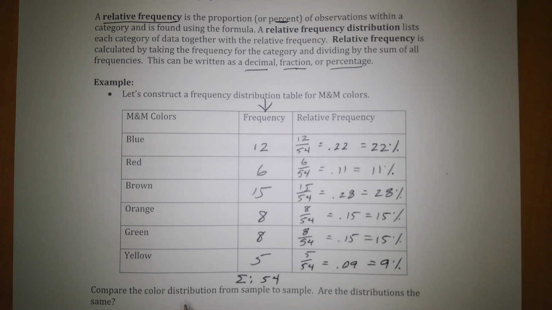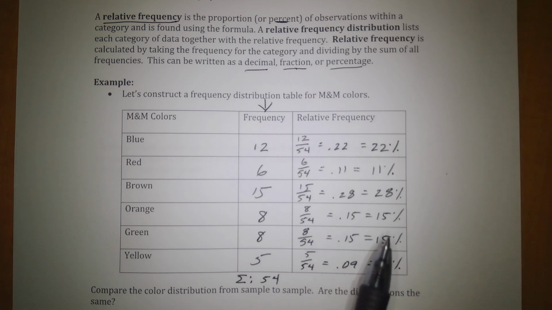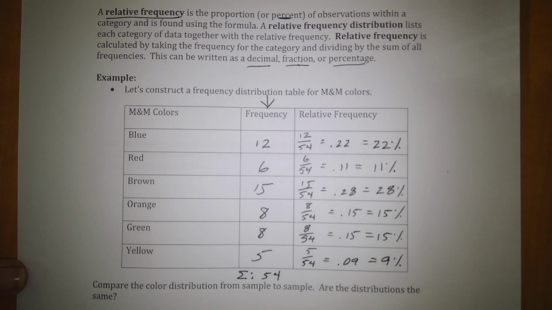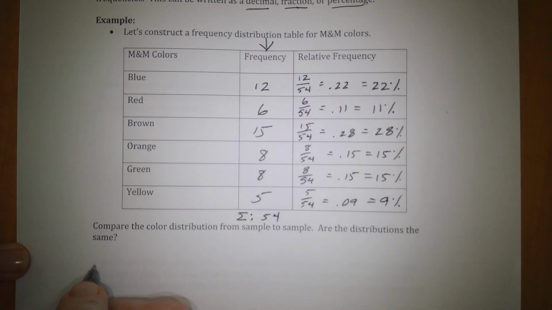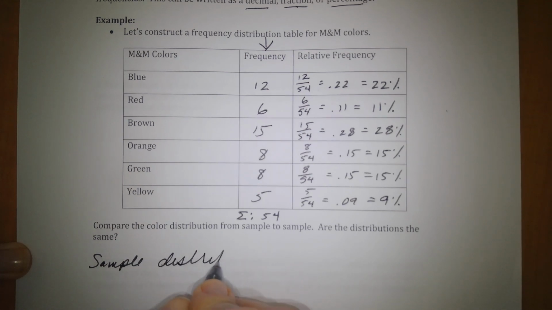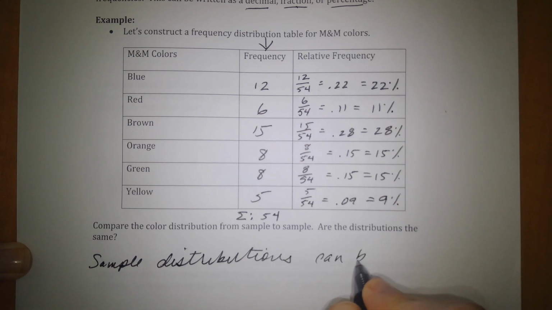If we compare the color distribution from each sample to each sample, for example, if you were to have done this from home or compared with other people possibly in the classroom with all a different bag, what can we say about the distributions? Well, the sample distributions can be equal.